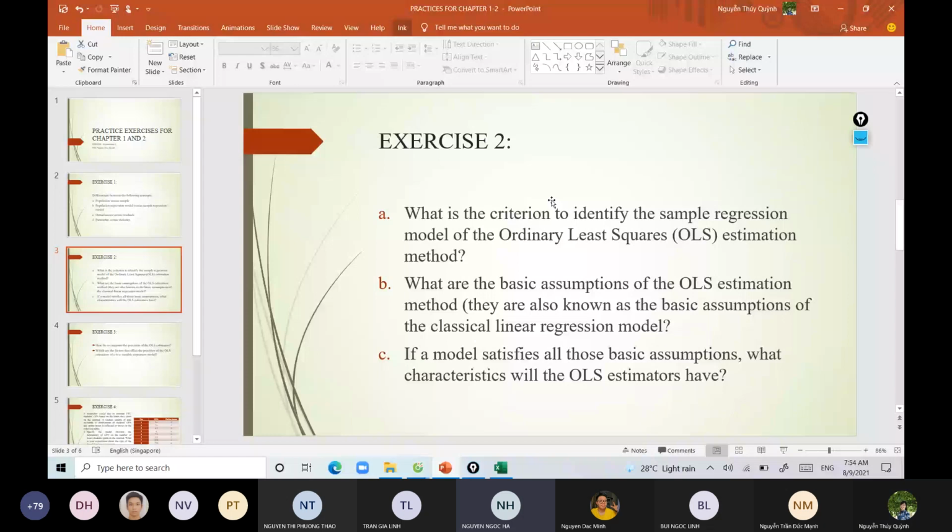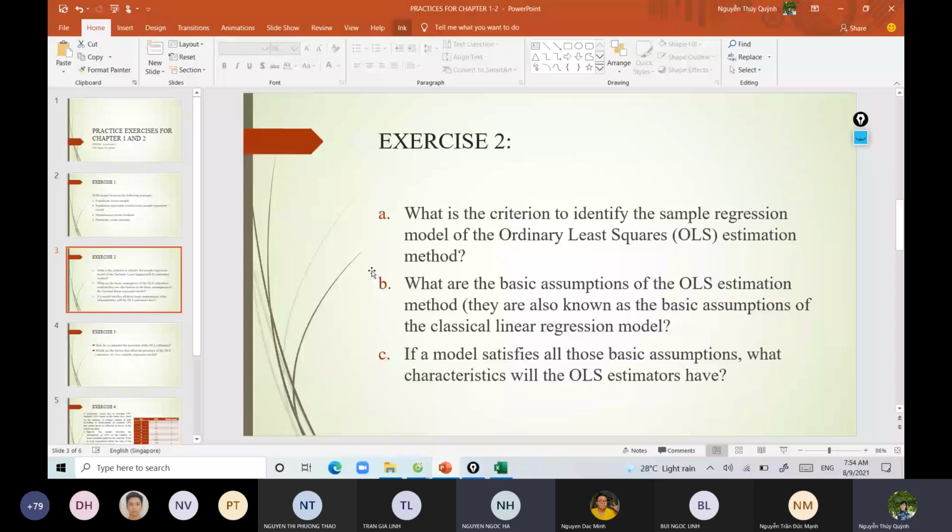As far as I'm concerned, we base this on previous studies and research in order to identify the sample regression model. It depends on the theory that we choose.